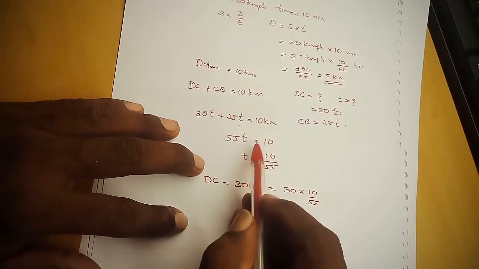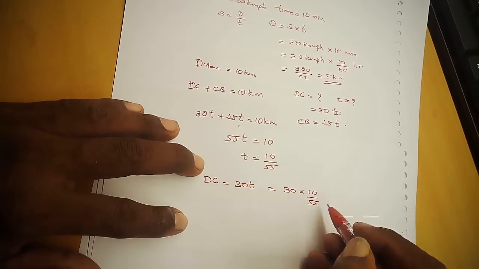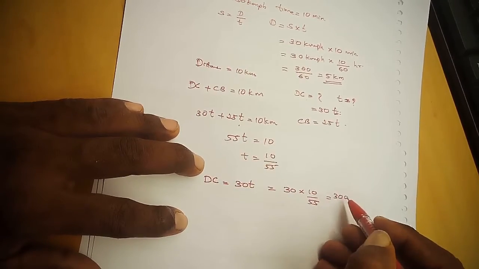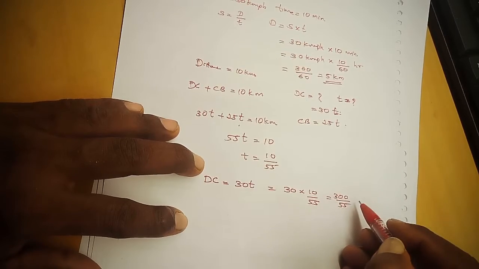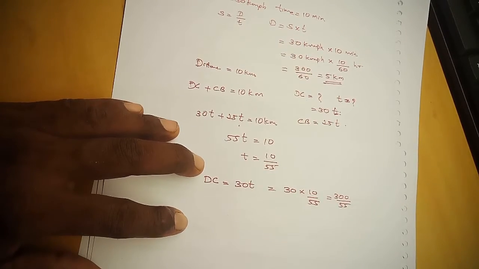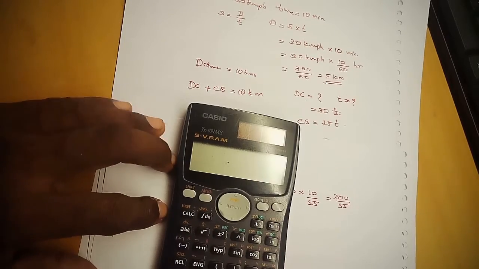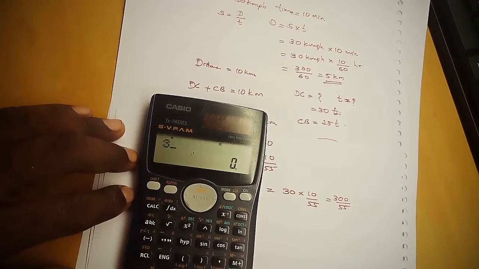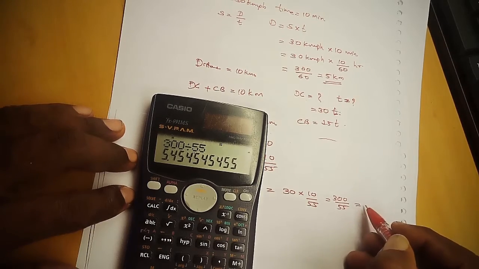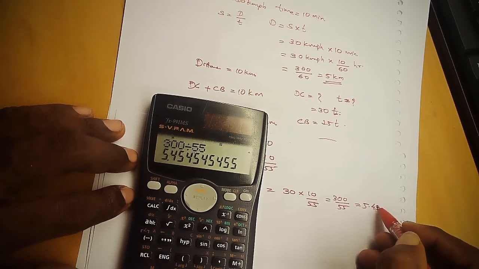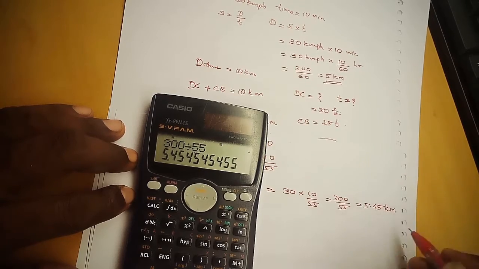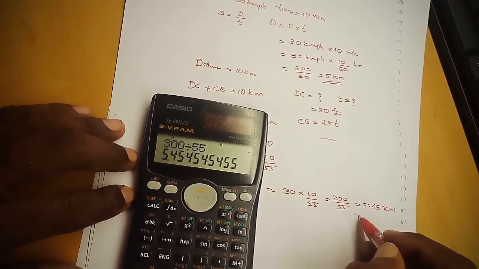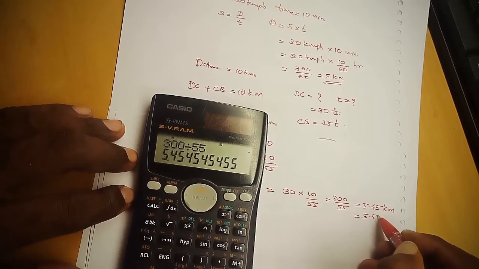Time is in hours. So we will get 300 divided by 55, which is equal to 5.45 kilometer, approximately 5.5 kilometer.